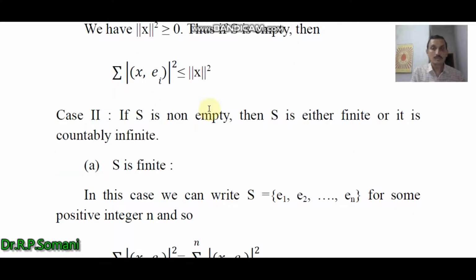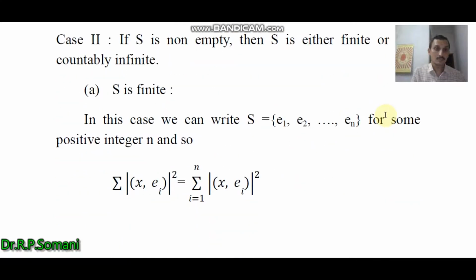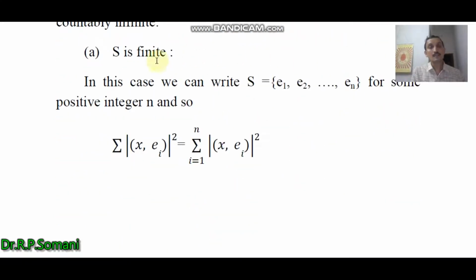Now we consider the second case, that S is non-empty. Then again there are two possibilities: either S is finite or it is countably infinite. First we consider the choice that S is finite.